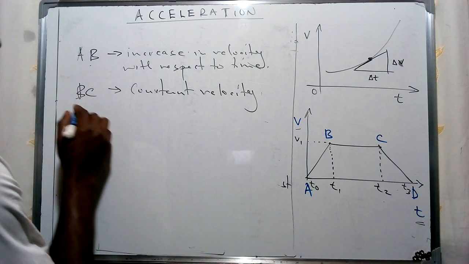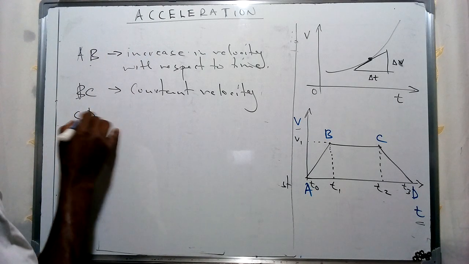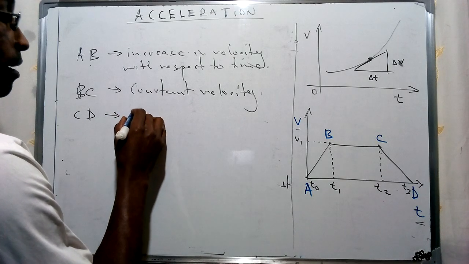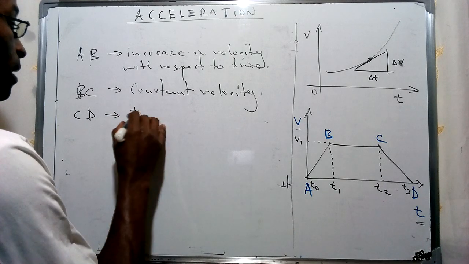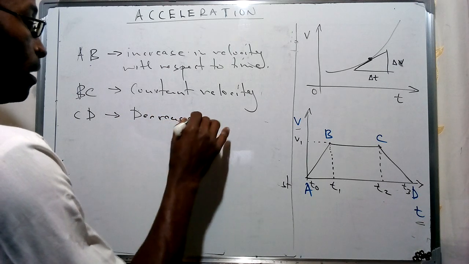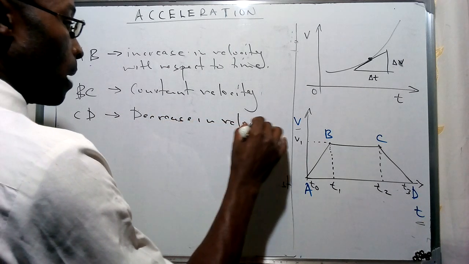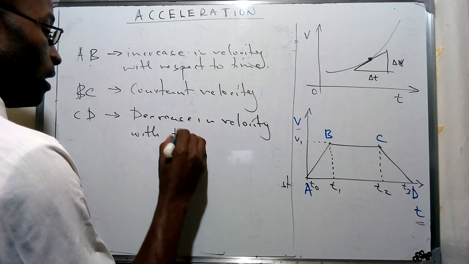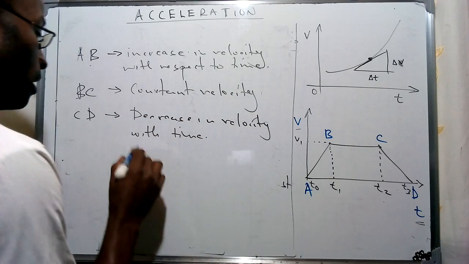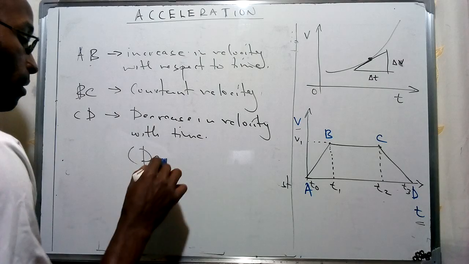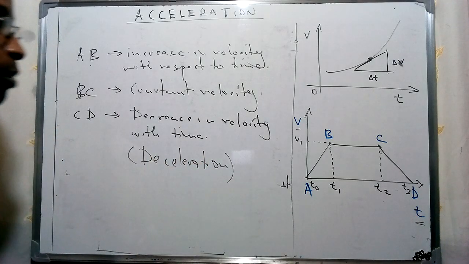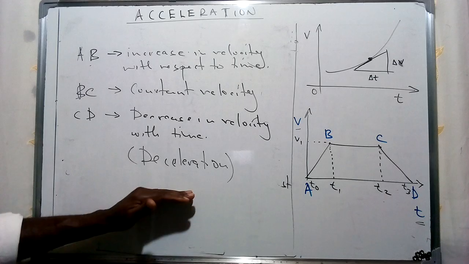So there's a motion between point C and D, which is a decrease in velocity with respect to time. In this case, this is what we refer to as a deceleration, which is a negative aspect of the concept of acceleration.